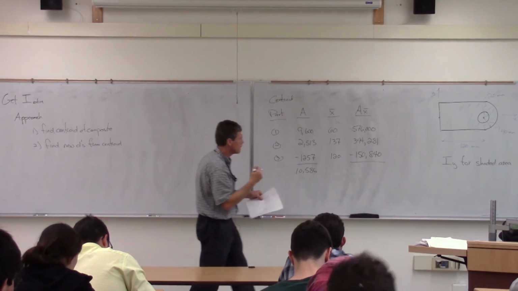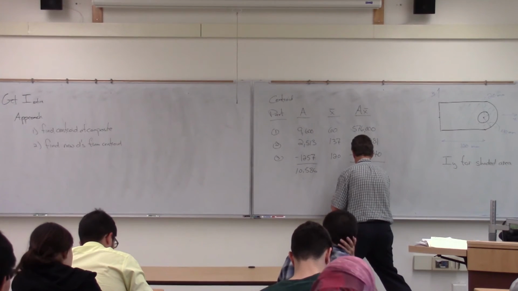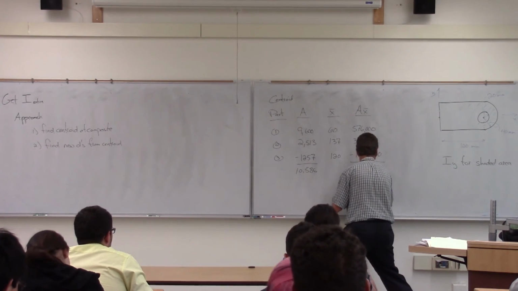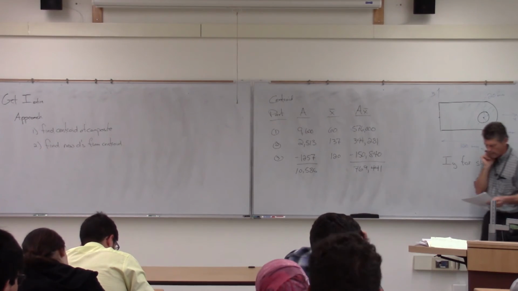So same area there. We've done that before. The only thing that'll be different now is that we're looking at first moment of area. So this is our first moment of area. Remember, just simply the x bar.